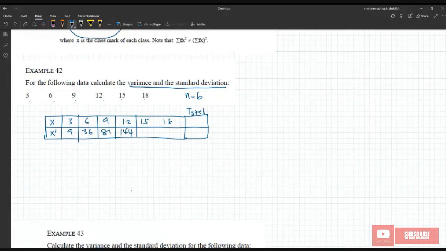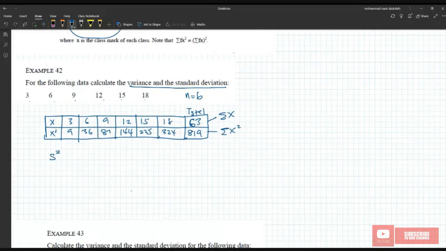And this is 15 multiplied by 15, which is 225. And 18 multiplied by 18 is equal to 324. Then you need to find the totals. So the summation of x is equal to 63, and the summation of x squared is equal to 819.